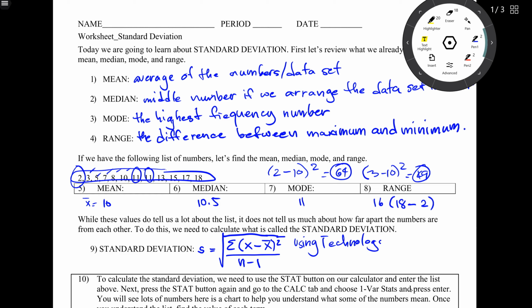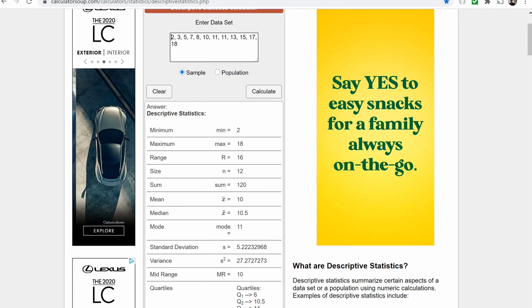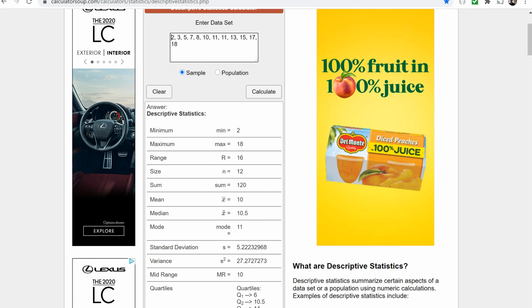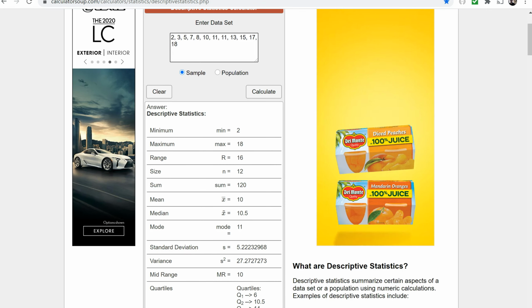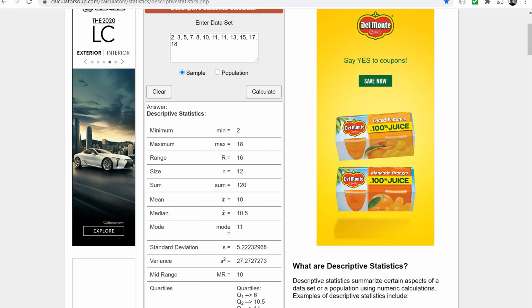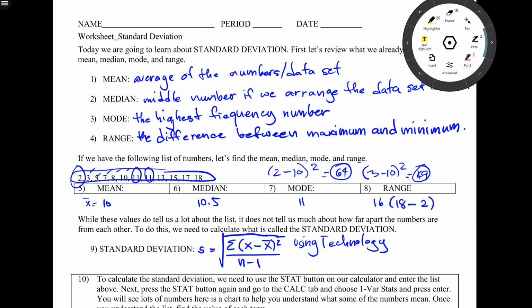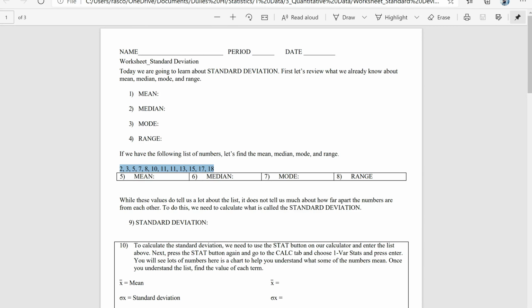If you're using our online calculator, look right here, the S is already computed for us. It's 5.22. So let's go back and write it.